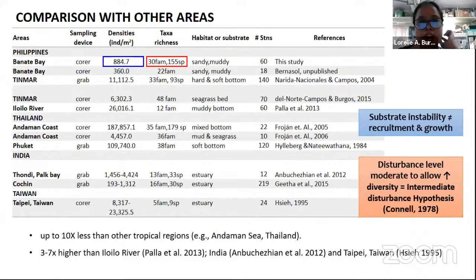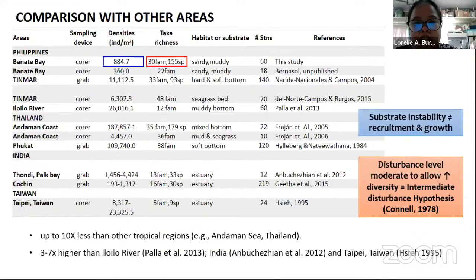The number of species is actually high, three to seven times higher than in other areas in the Philippines and other tropical regions, which means that although the density is lower, the bay is rather disturbed. This disturbance is rather cyclic, which implies that your benthic organisms are more adapted to this kind of disturbance.